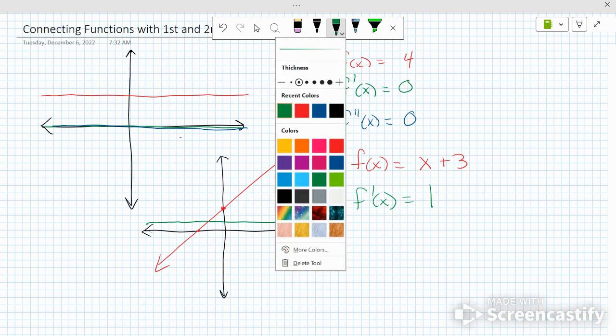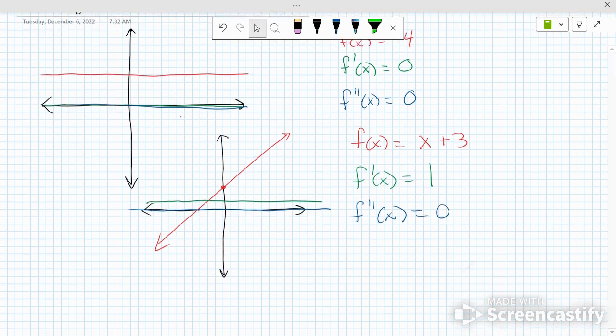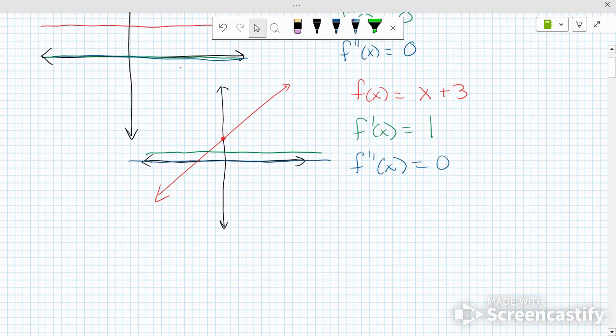What would the second derivative of that function be? Notice how they're in 3 different places now. First one, the first, second derivatives are on top of each other. These were in different places. Okay. All right. Let's take another one.